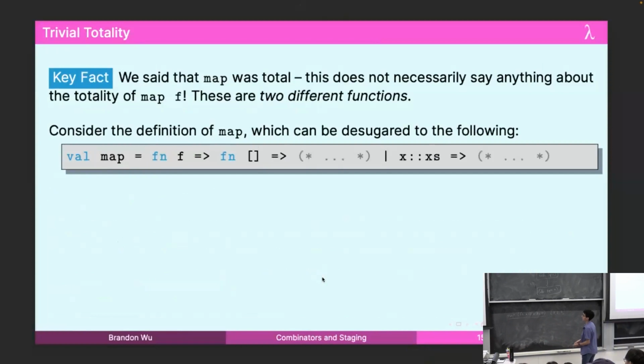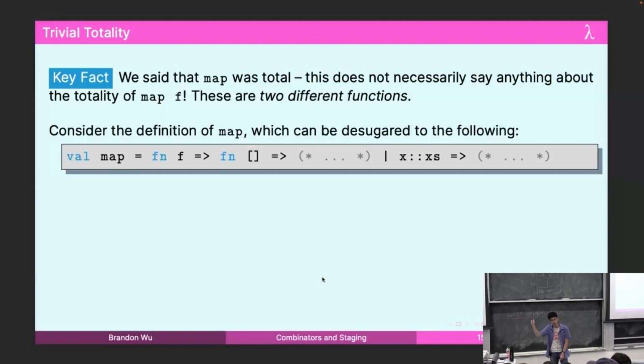So if we look at what map does given any argument, is it true that given any value, I get a value out? Well, if I apply this whole thing to any value, I'm always going to get fn nil goes to da-da-da-da or cons. And isn't fn a lambda expression, which is a value?